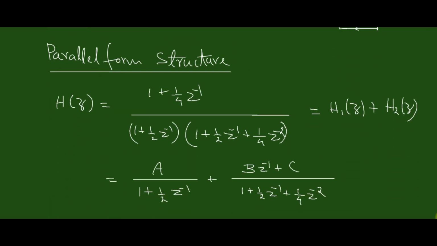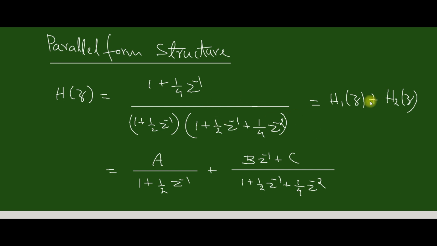Then we have the parallel structure, given by H1 of z plus H2 of z. So we apply the partial fraction expansion method. Here the denominator order is higher than that of the numerator, so we can apply the partial fraction, and also this second order polynomial cannot be factorized in real numbers, so we apply it in this form.